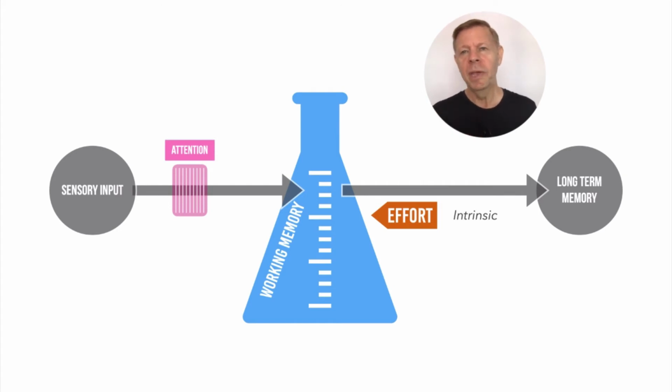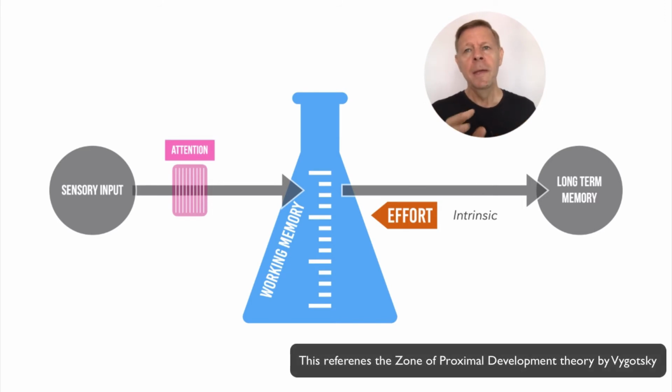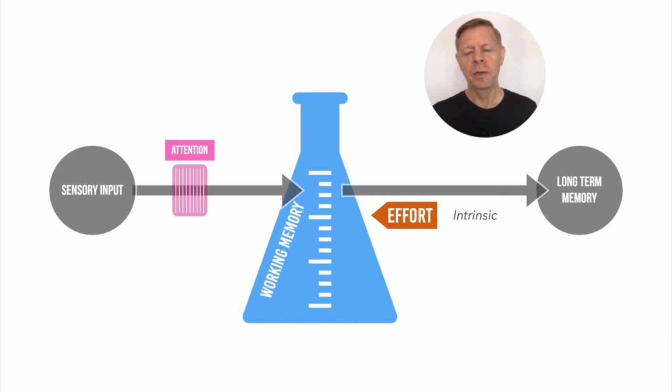If we make it too easy, there's not a lot of learning going on. If we make it too hard with too many novel elements, then the effort's too big and we fill up the cognitive load, and we fill up working memory, and therefore it's very hard to process. You know that feeling. So effort is related to the number of novel elements that are being pulled in, and there's a sweet spot.